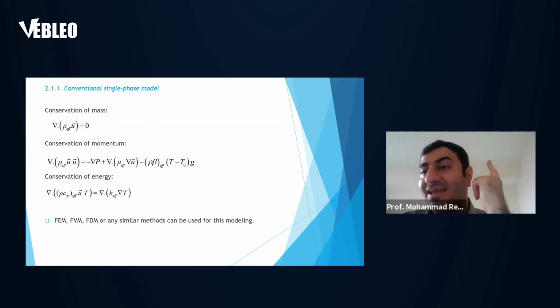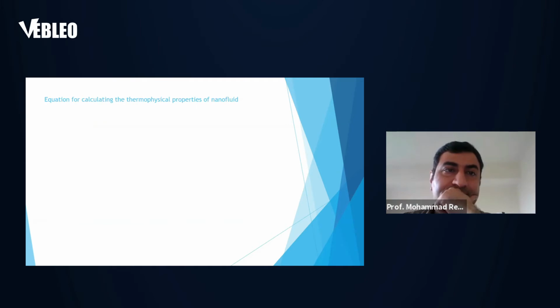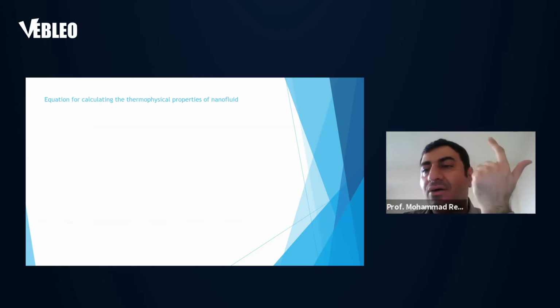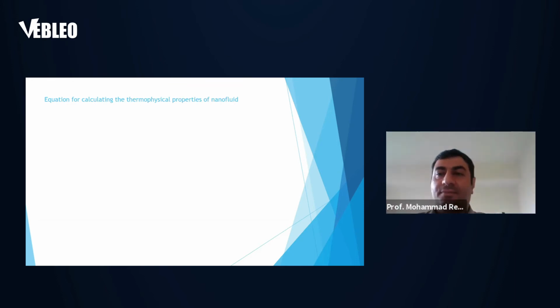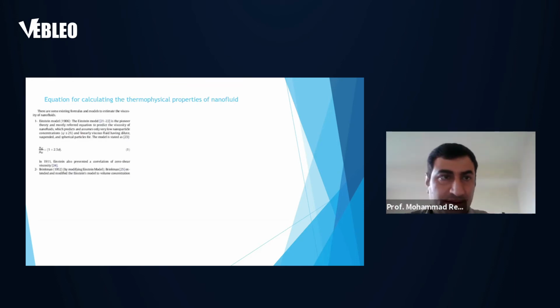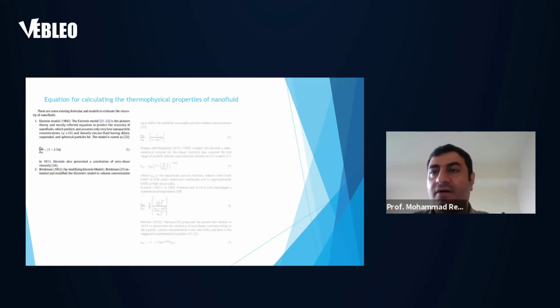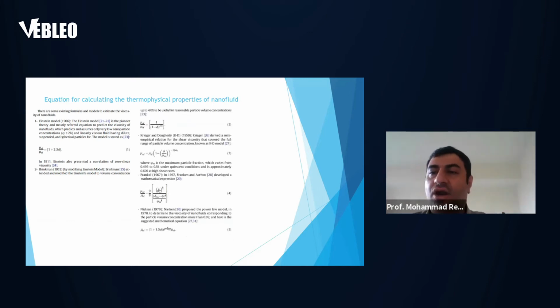But here we have a problem that arose in 2012 and after that. It's about how we calculate the thermophysical properties of nanofluid. Here I have part of a review paper that has been cited more than 200 times. You can see some formulas here to estimate the viscosity of nanofluid.